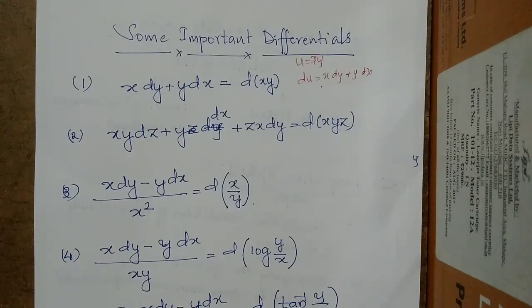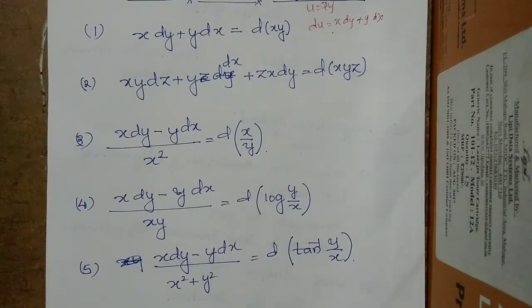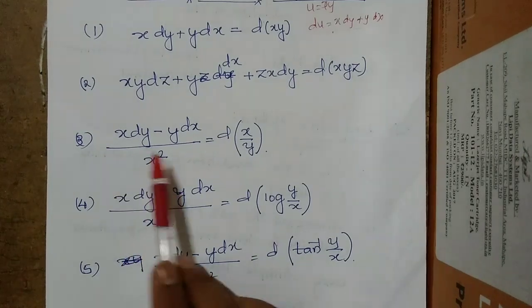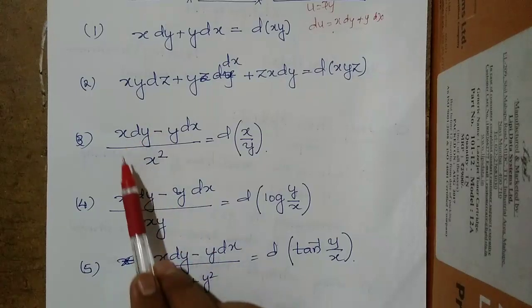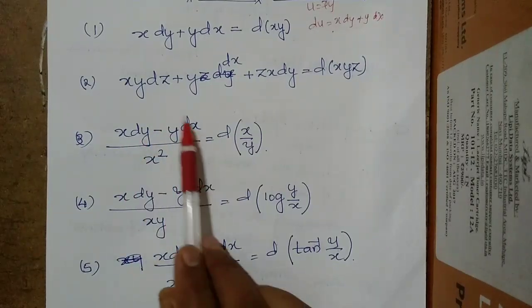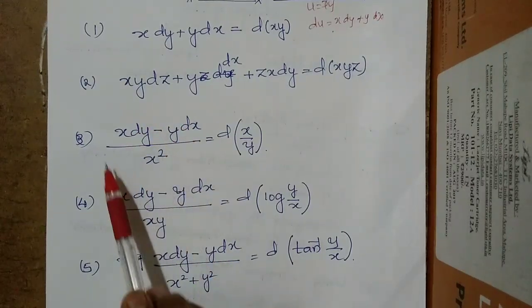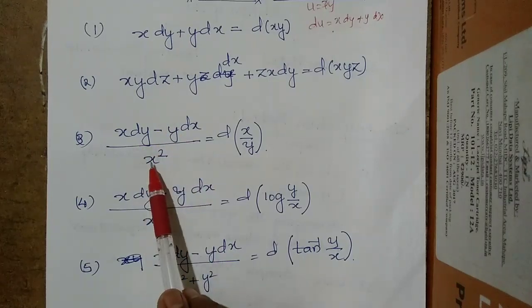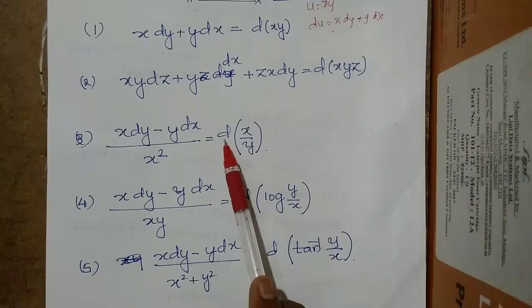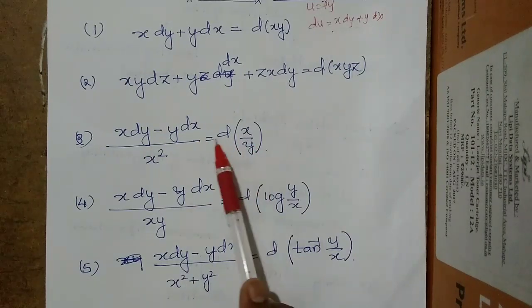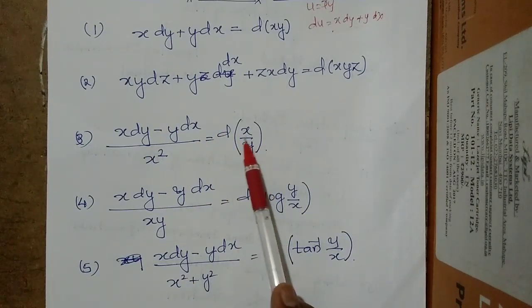Next, the standard form is the third one, (x dy - y dx) divided by x square. Suppose such terms are available, or we arranged it in this fashion, simply I can write it as the differential of the function y by x.